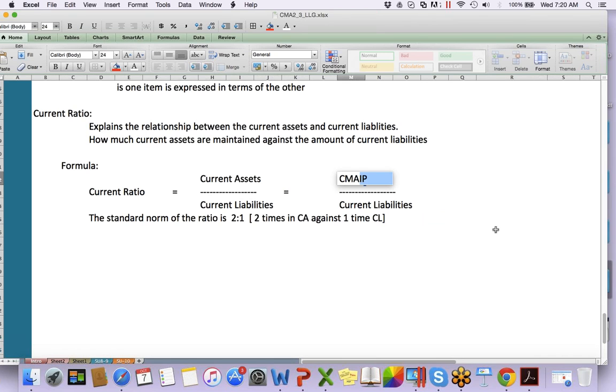Your telephone bill has to be paid immediately, but inventory cannot be expected to be converted into cash immediately. This is the reason why sometimes the current ratio may not help you understand the liquidity of a company. Why? Because you are giving equal importance to all the current assets, CMAIP, to pay current liabilities.